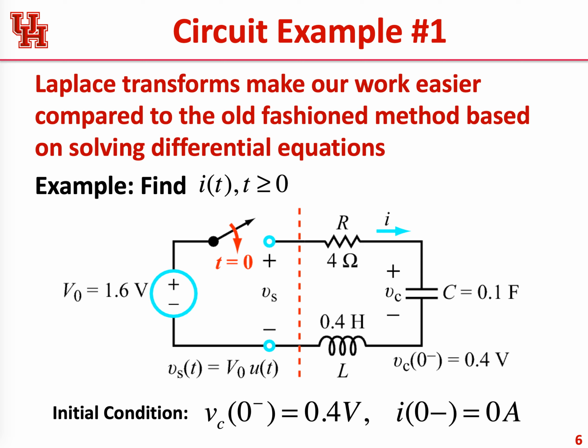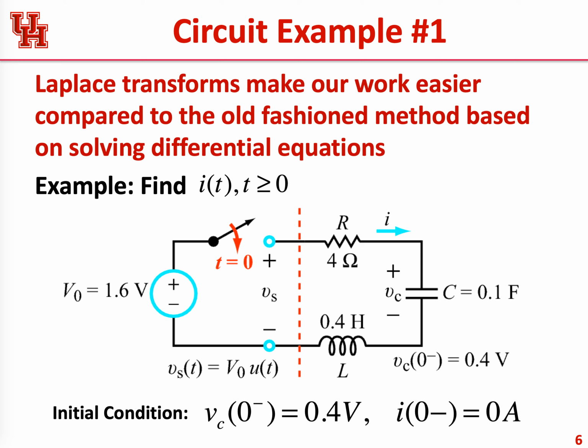And then when we get to the inductor, the inductor's value L is 0.4 henry. So its impedance is going to be SL, which is S times 0.4. And then it's going to have a voltage source in series with that.